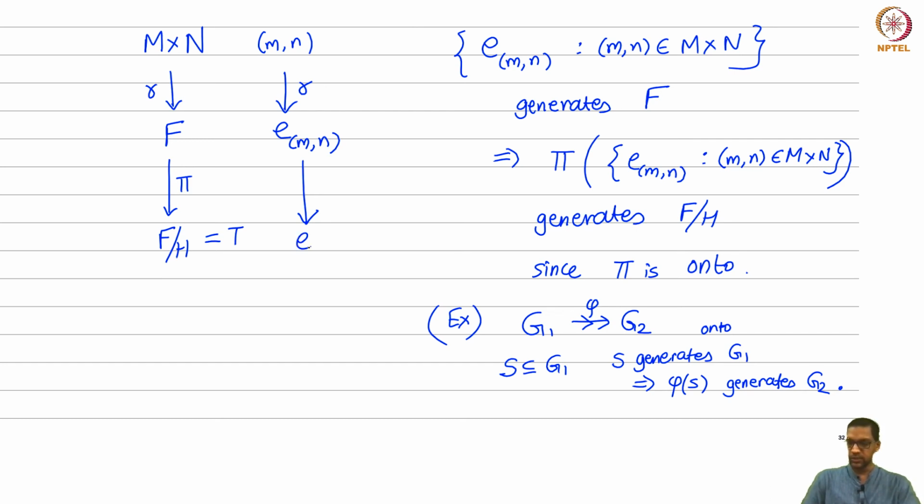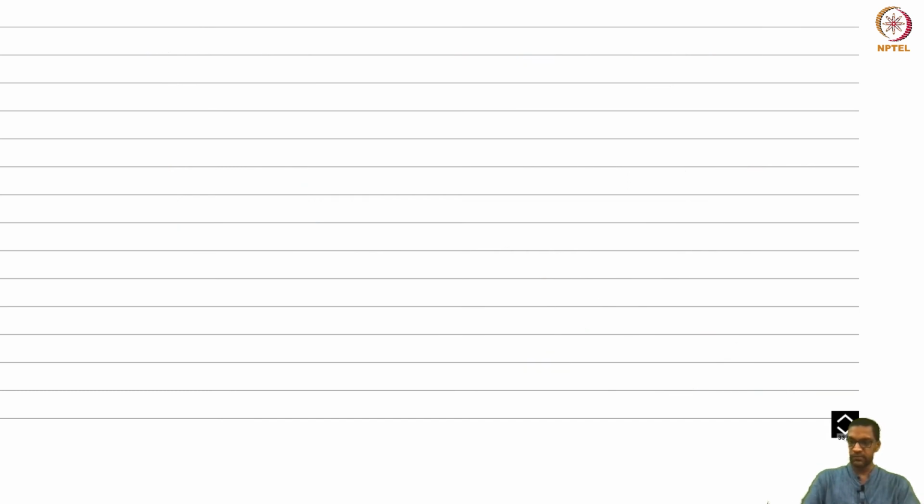So this goes to EMN bar. Okay, so therefore because pi is onto, this means that the EMN bars, in other words what we are saying is that you take these elements EMN bars inside T, they generate T. Okay, so this collection of elements.